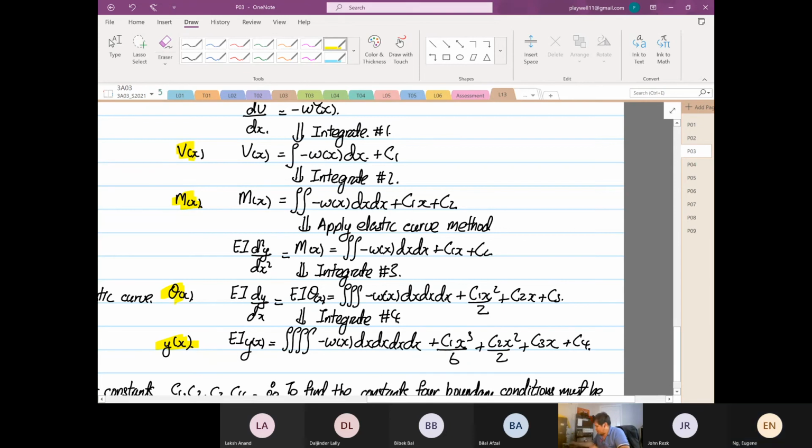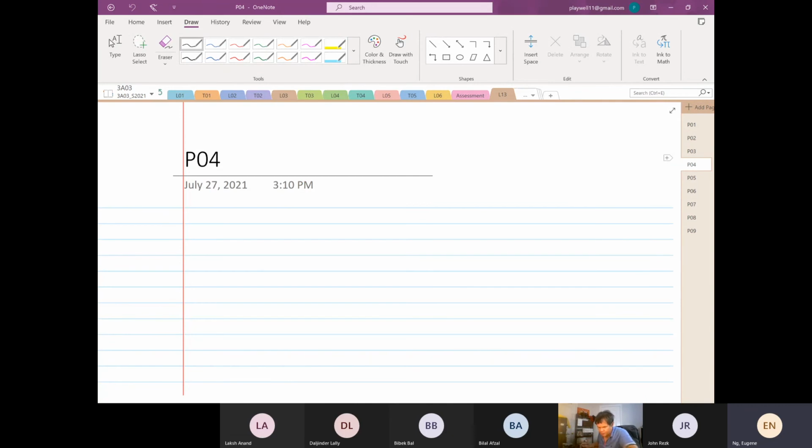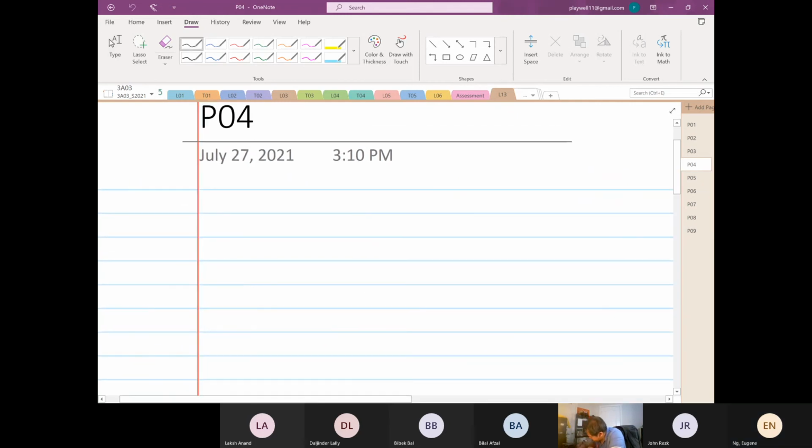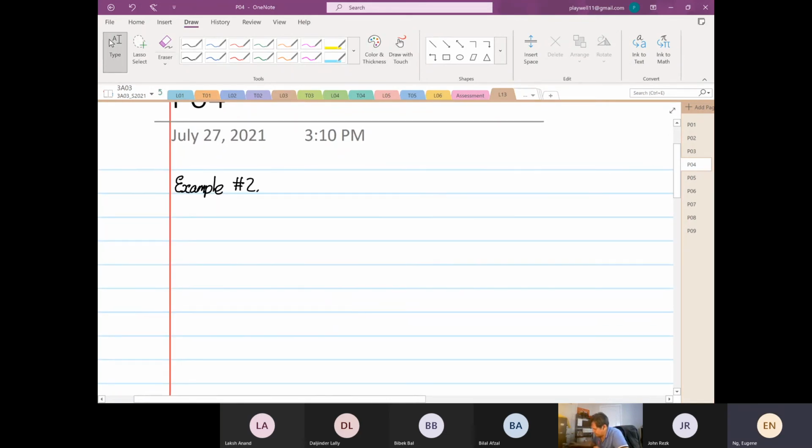Now let's go into an example. So let's look into example number 2. For example number 2, we have a gradient distributed load.